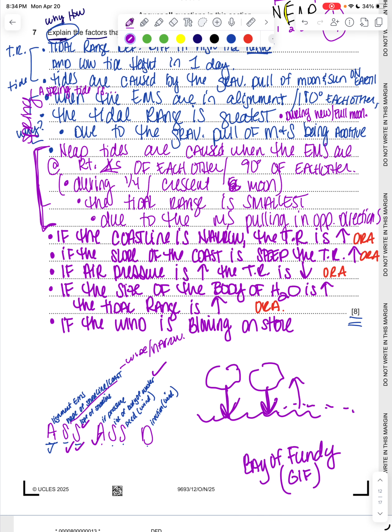But if it's onshore, TR, tidal range, is higher because we're blowing water onto the shore. Or the reverse argument, if the wind is blowing offshore, the tidal range is lower.